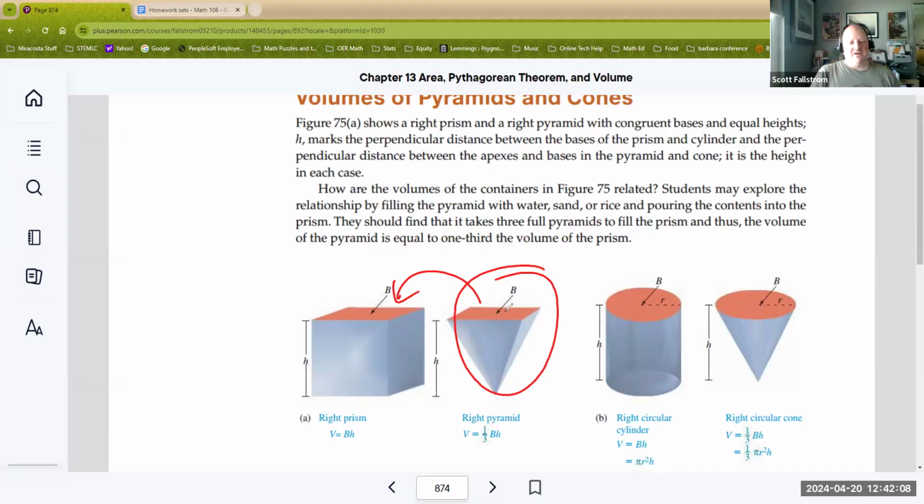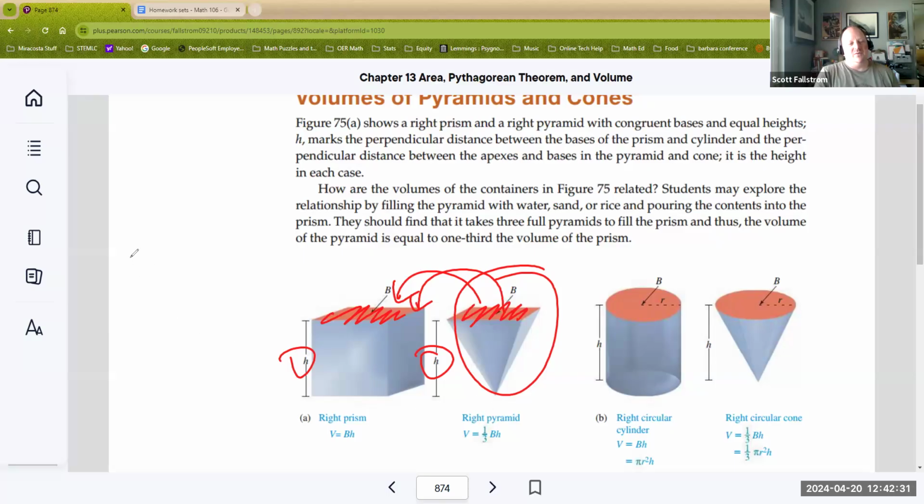If I pour this one in here and repeat, it looks like it might take at least two of them. Turns out it doesn't take two. It takes exactly three, as long as the base is exactly the same as the base, and the height is exactly the same as the height. So basically, three right pyramids make one right prism.